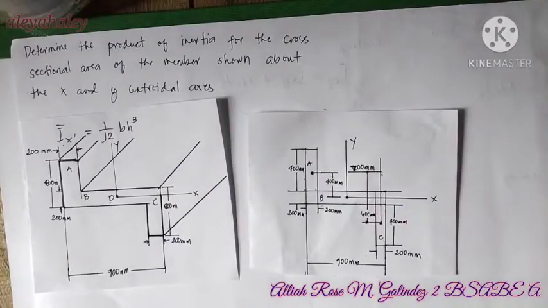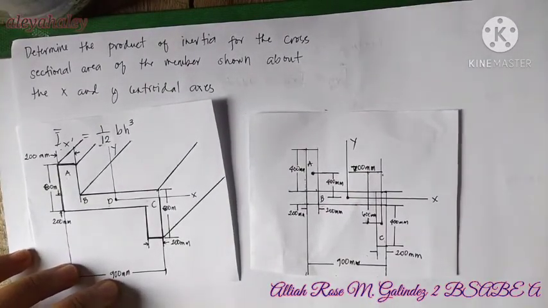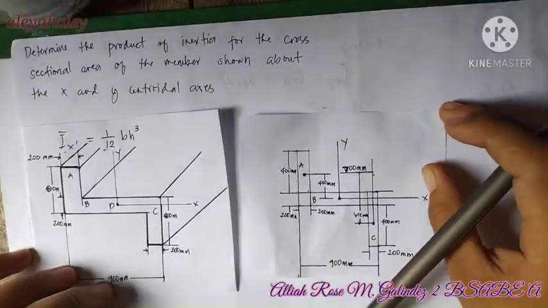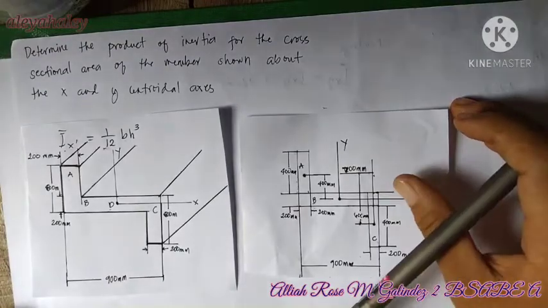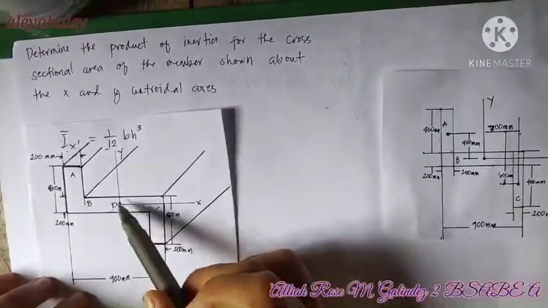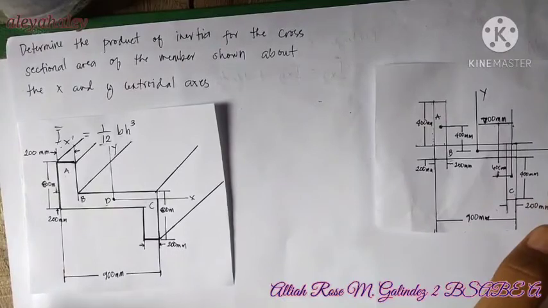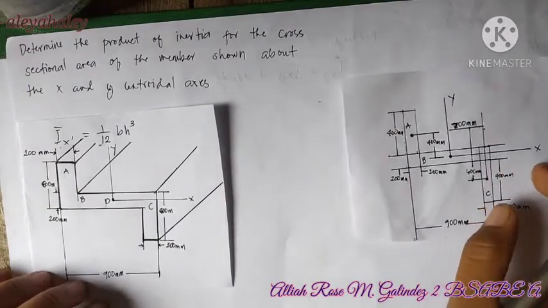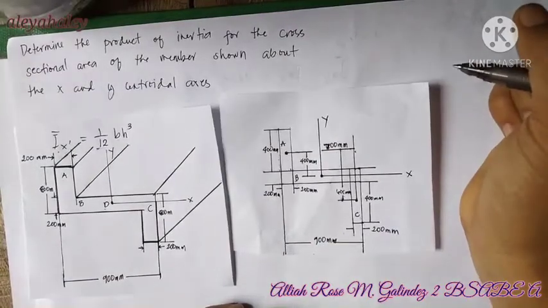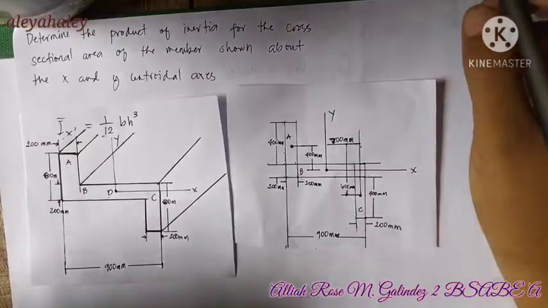So next we are going to deal with the product of inertia of the area. We have this problem. Determine the product of inertia for the cross-sectional area of the members shown about the x and y centroidal axis. This is the diagram for the measurements given in this figure.